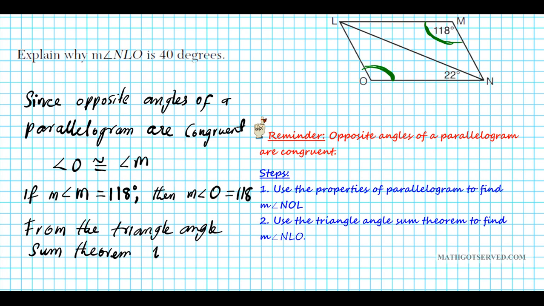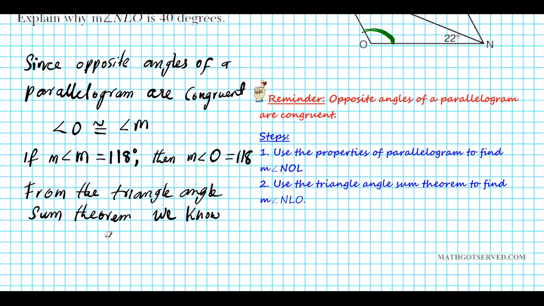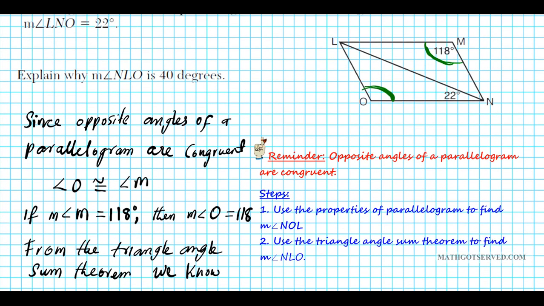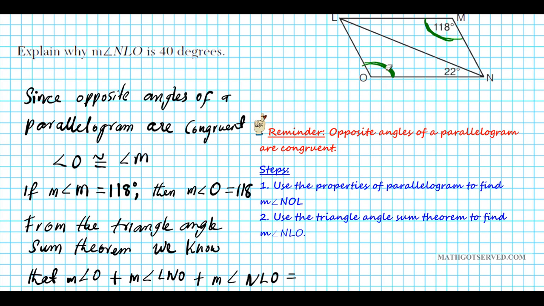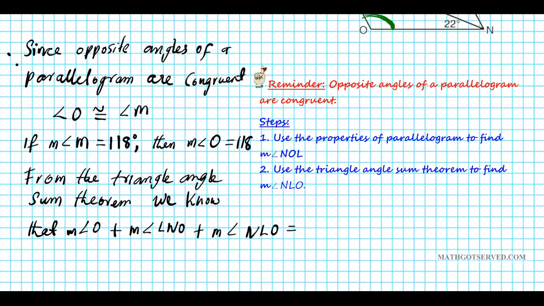We know that the measure of angle O, plus the measure of angle LNO, plus the measure of angle NLO is equal to 180 degrees.